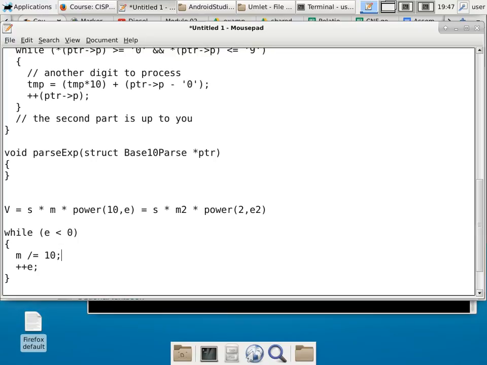But then we have a problem. What do you think is going to be the problem? You lose precision. At some point, you end up with a 0, and you cannot represent anything that is less than 1, right? Okay, so we have a problem, and we can deal with that problem.